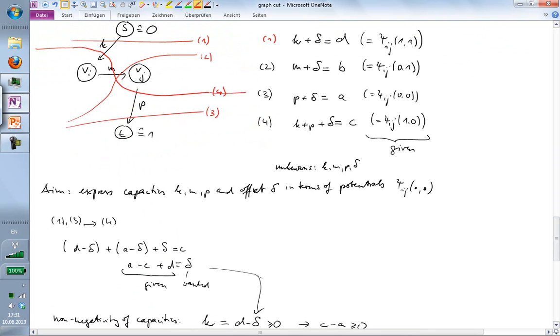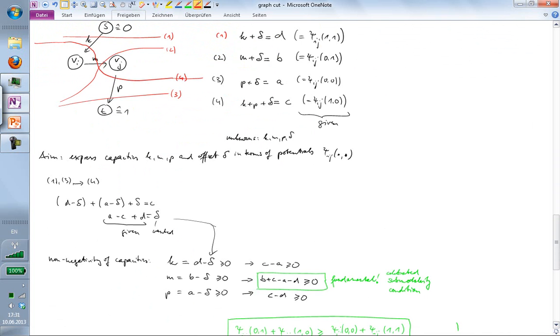So we finally computed the edge k to have a capacity of c minus a. And we computed p to have a capacity of c minus d. And we computed m to be this more complicated thing, b plus c minus a minus d.